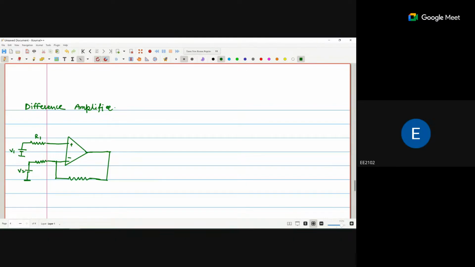Okay. Now again, two methods: either you can solve using the superposition theorem or you can solve directly also.